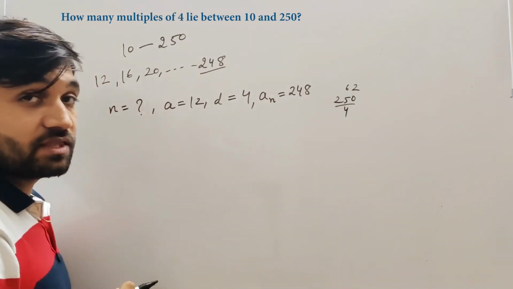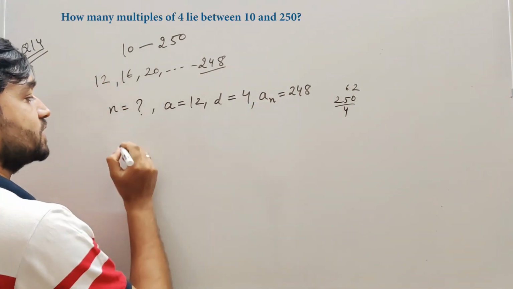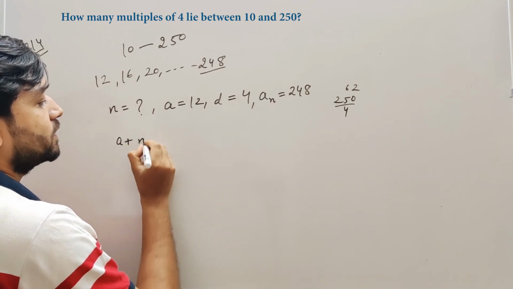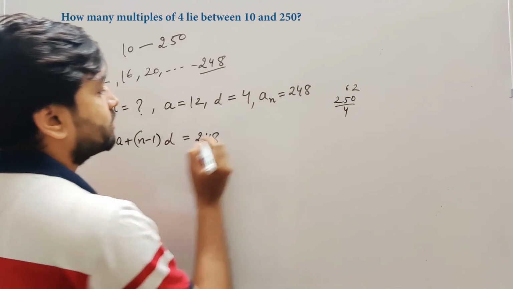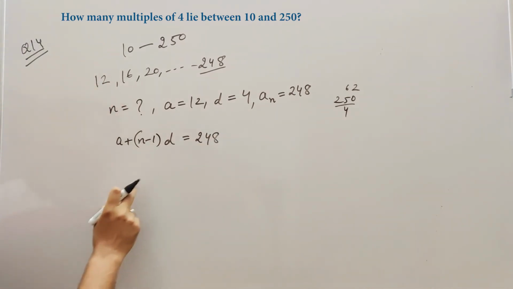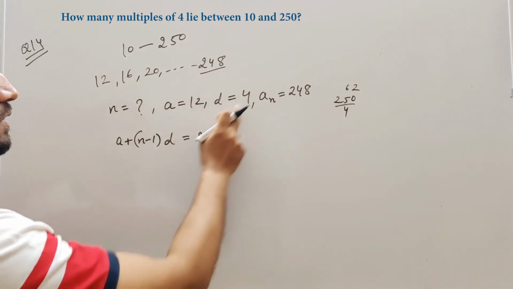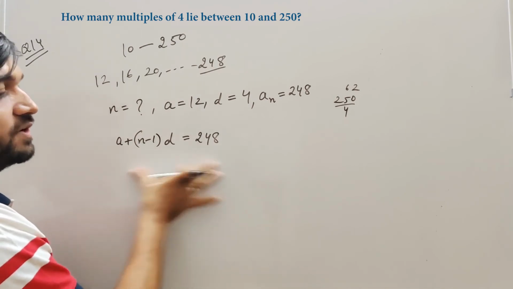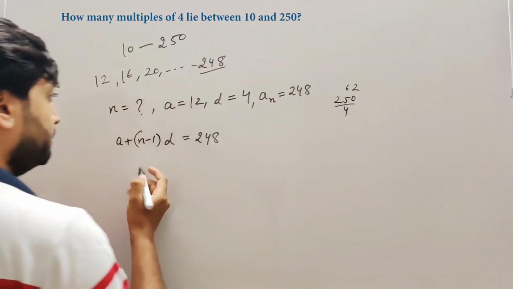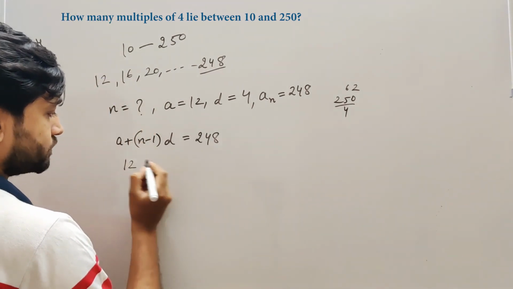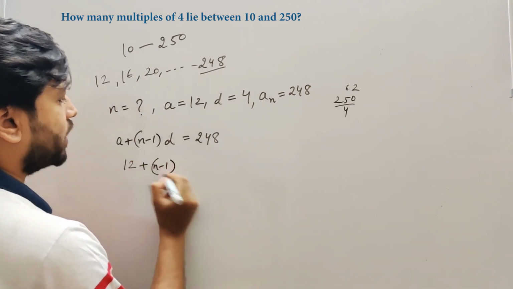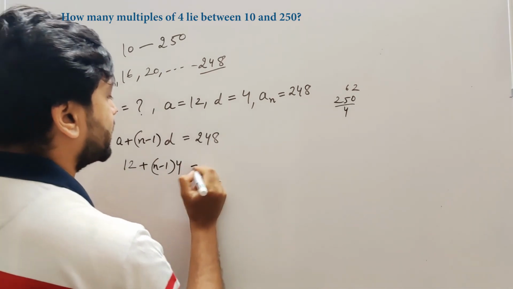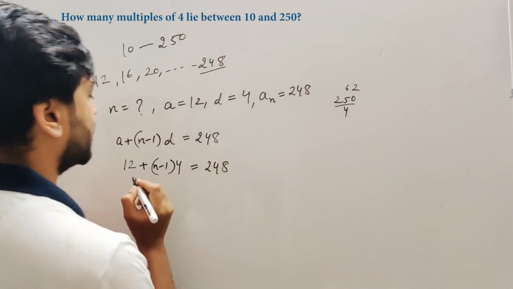Now, we can use the nth term formula, an, which is a plus n minus 1 into d. So, a plus n minus 1 into d is 248. In this formula, we know a value, we know d value. So, we can simplify this equation to get n value. So, 12 plus n minus 1 into d value 4 is equal to 248.